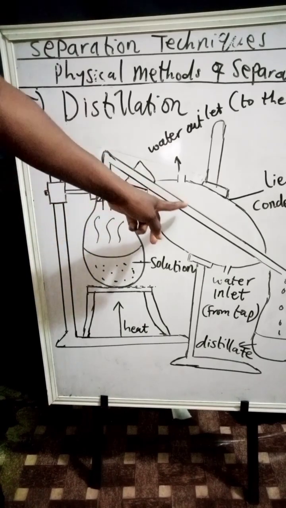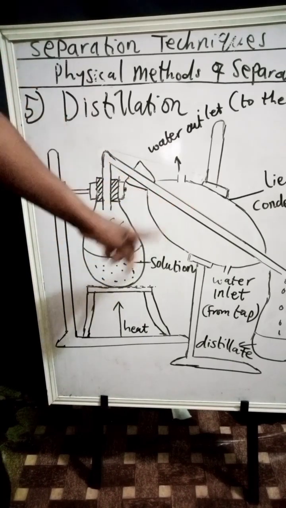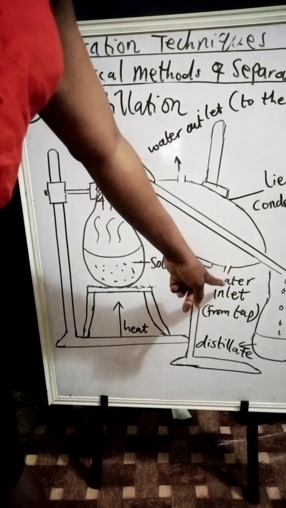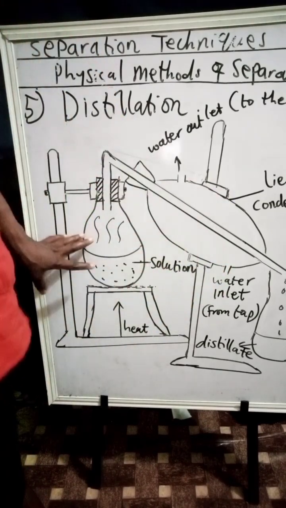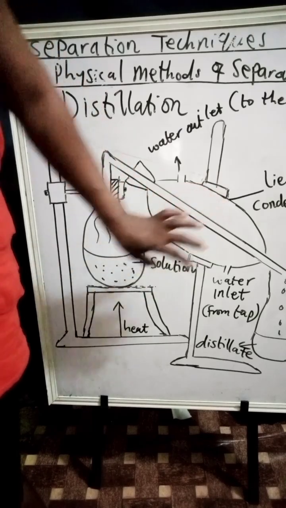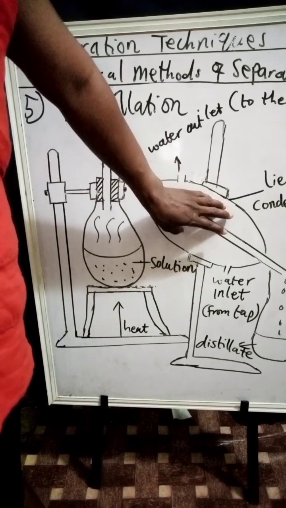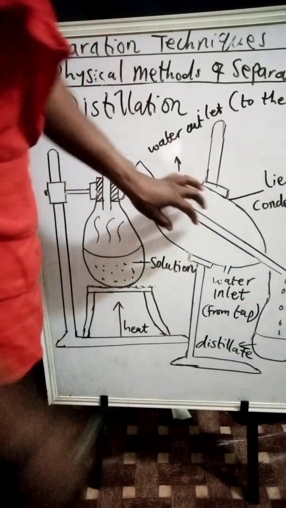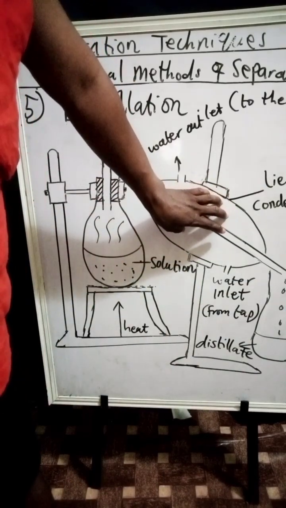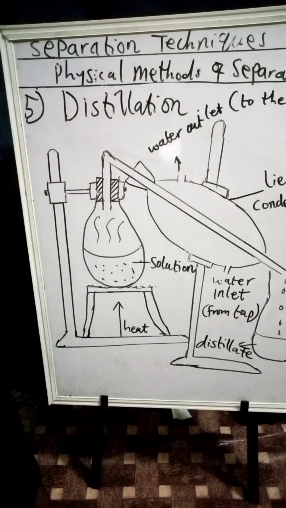And when it enters the Liebig condenser, there is always a water inlet from the tap. The vapor passing through this place will always be very hot, but the water from the tap, when it circulates, will reduce the temperature of this area, thereby making the vapor cool.